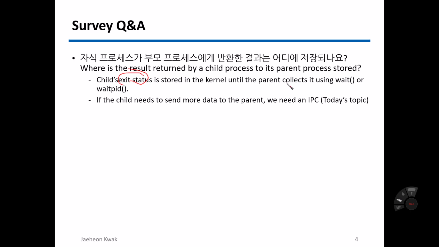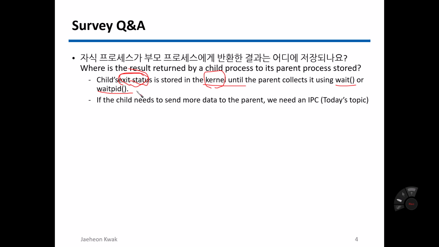To get the child process's exit status, we have to use the wait or waitpid function. During this process, the exit status value is stored in kernel memory space. So the answer is kernel memory space.